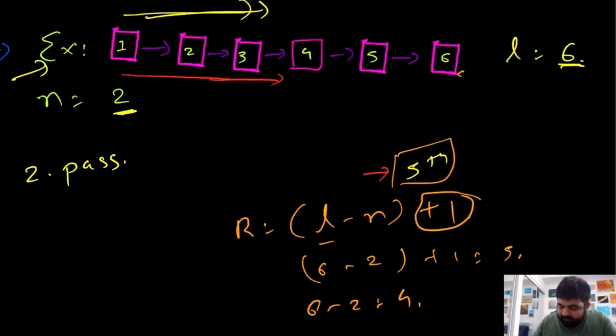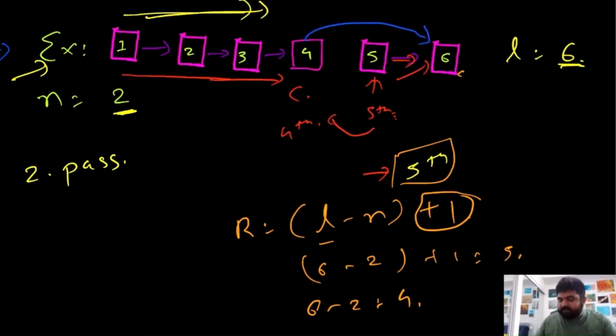The moment we find that our current node is the 4th node, which means that the next node is the 5th node, all we need to do is take whatever 5th dot next is pointing to, currently this value number 6, and assign it to this 4th dot next. So rather than this 4 pointing to this 5, we are going to remove this link and make this 4 point to 6, which means that this 5 is automatically removed from this given input list, and that would be our solution.